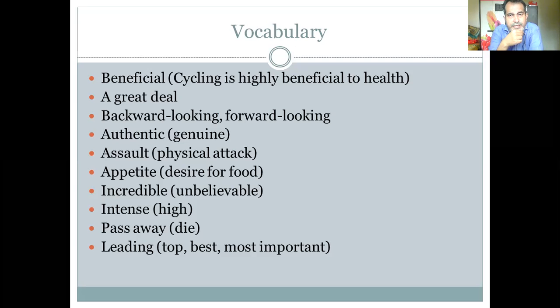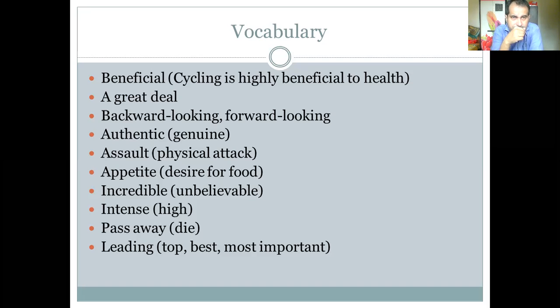Make sure that you study these new words every day. At least 2 or 3 or 4 new words you should memorize every day, and know how to use these words in your sentences. Not that you'll learn these words separately, but you should learn these words in context. That means you should have the capacity to use these words in sentences.